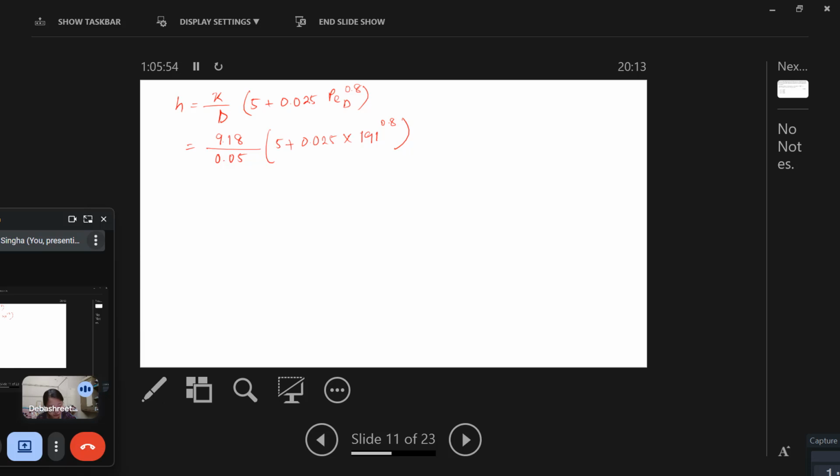So if we calculate it, how much do we get? We get around 1224 watt per meter square Kelvin.